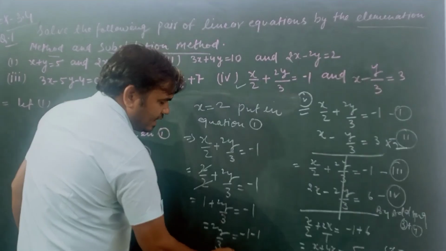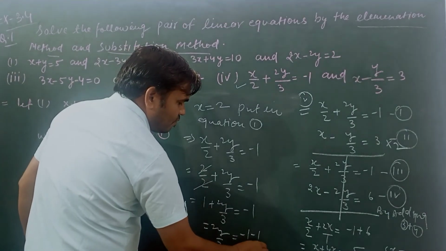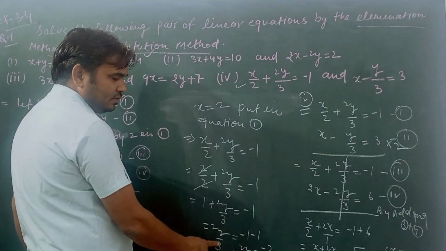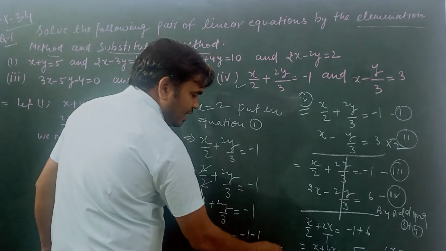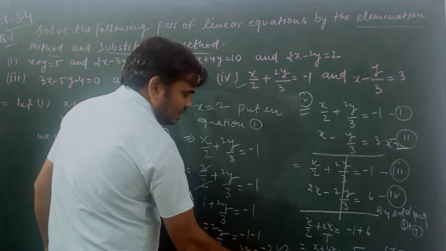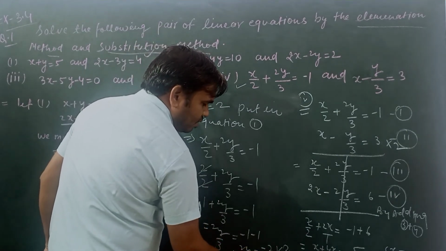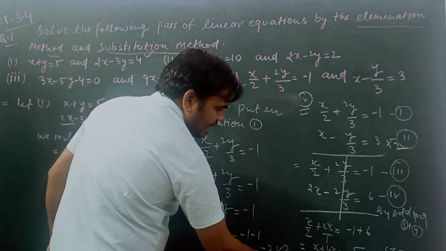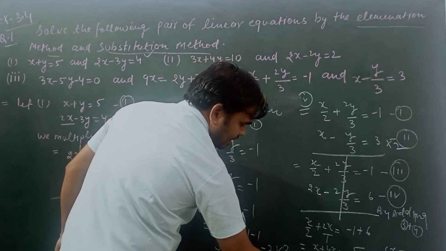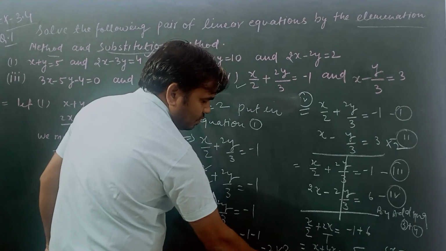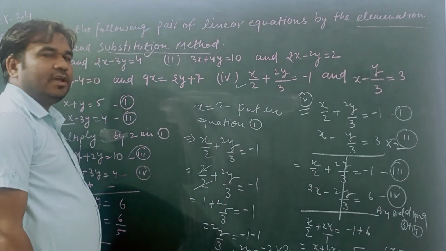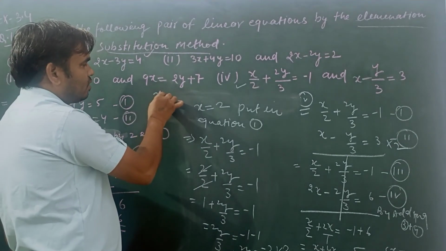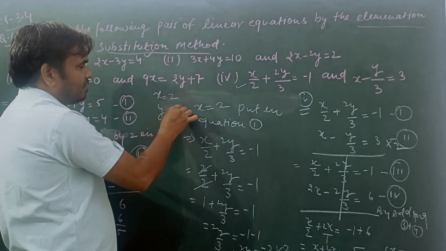So 2y equal to minus 2 times 3, 2y equal to minus 6, and y equal to minus 3.